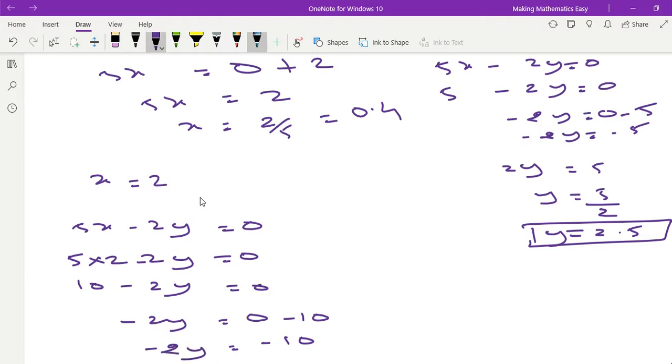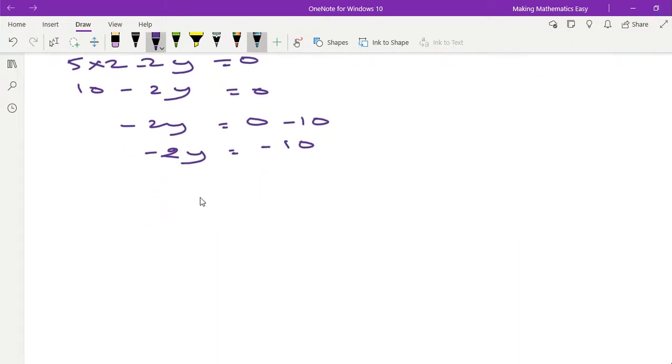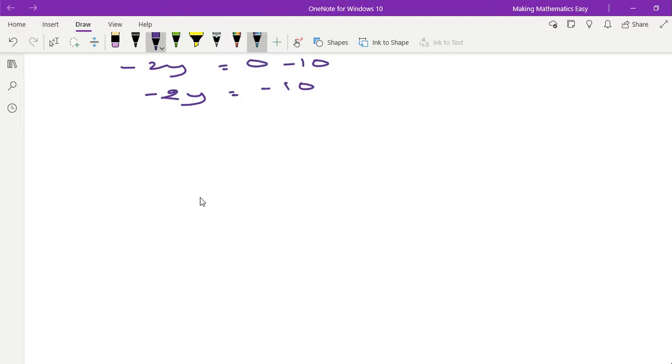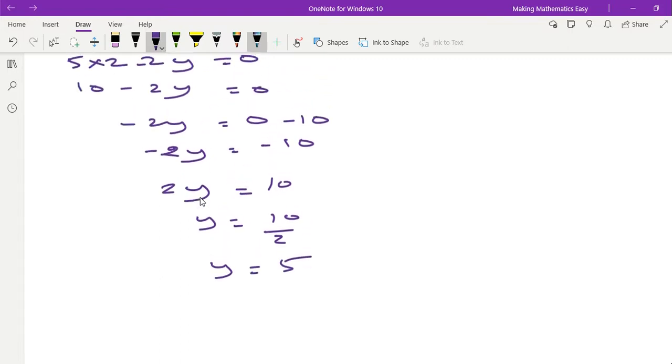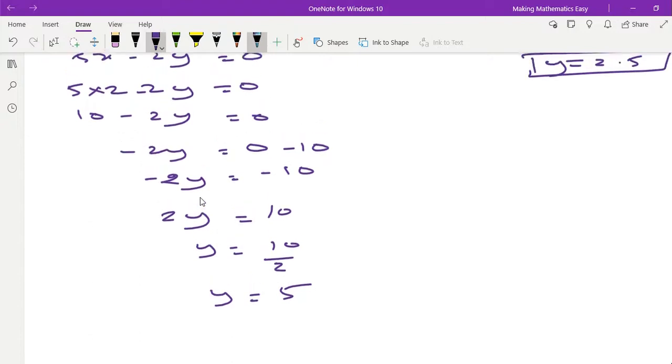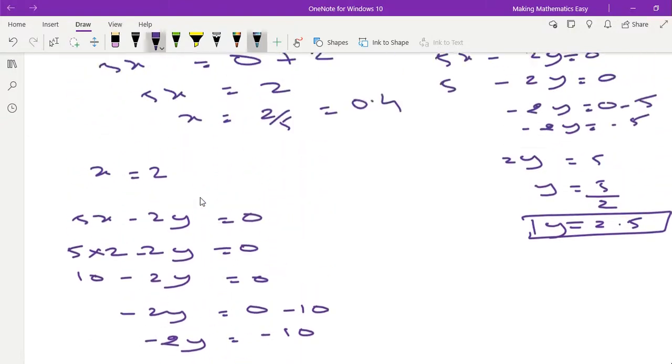This is minus 2y, minus minus will get cancelled. This 2y is equal to 10. This will be 10 divided by 2, so y is equal to 5. Okay, so your value is 2 comma 5.